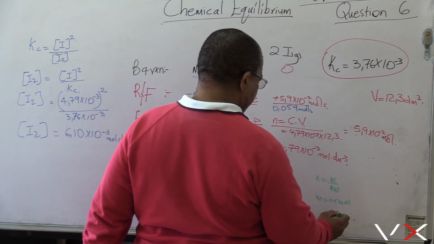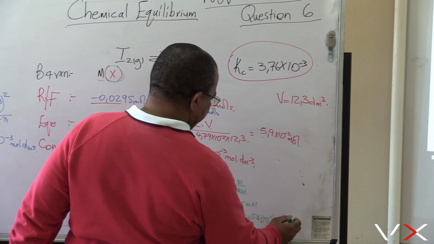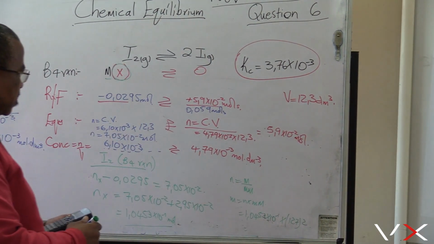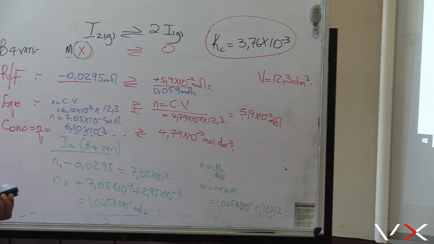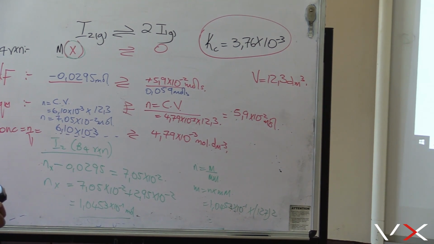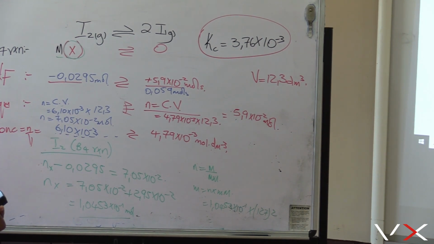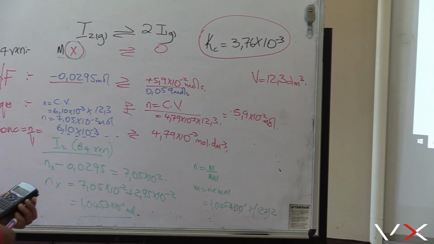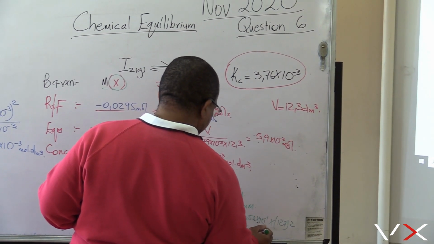So 1.0453 times 10 to the power minus 1 times 127 times 2. 127 times 2 is 254, times 1.0453 times 10 to the power minus 1, and I get 26.55 grams.